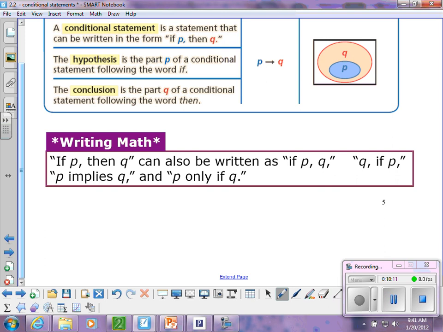P implies Q or P only if Q. This is the way you'll hear me say it a lot, or this. Those are the two most common, okay? Because when you put the arrow in between them, you don't read that if P arrow Q. You read it if P implies Q, right?